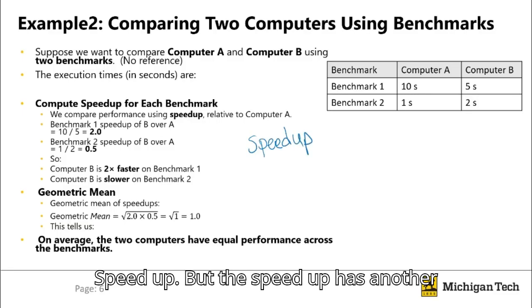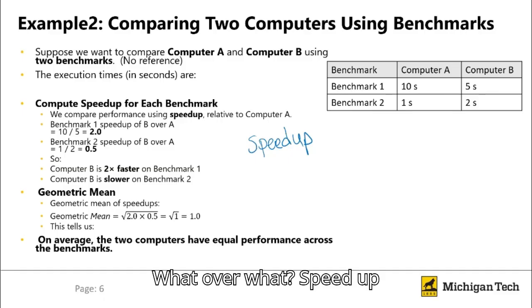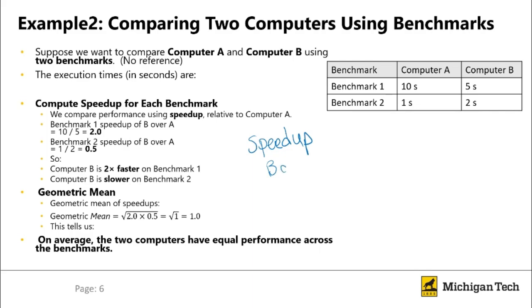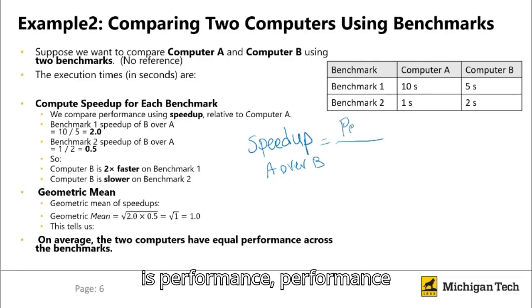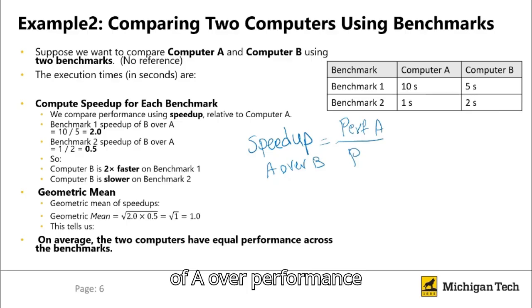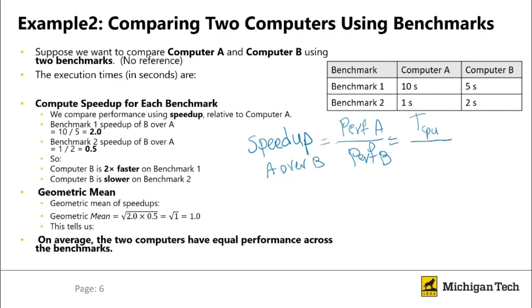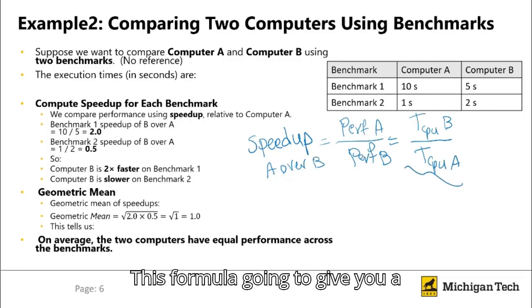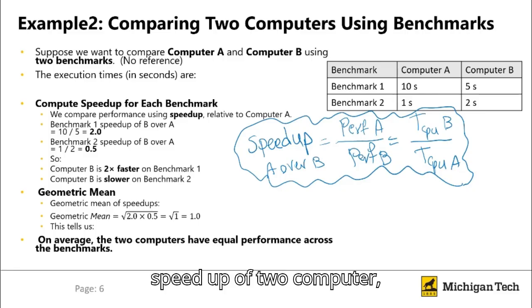Speedup of A over B is performance of A over performance of B, which is equal to CPU time of B over CPU time of A. This formula is going to give you the speedup of two computers, A over B.